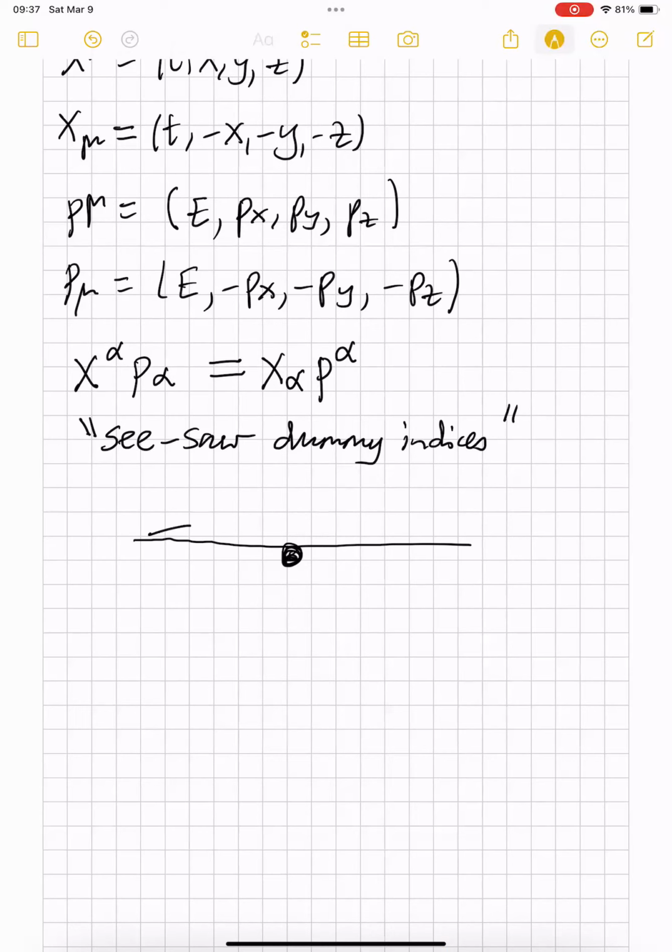Then one child sits on one side, another child sits on the other side, and when this child goes down, this child goes up, and that motion we call seesawing. This object is called a seesaw, and we say the children are seesawing.